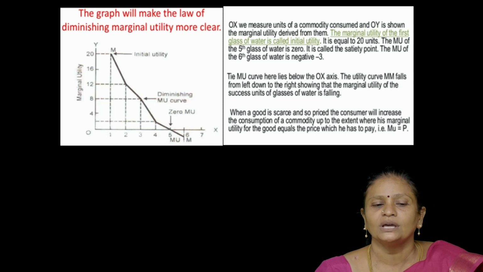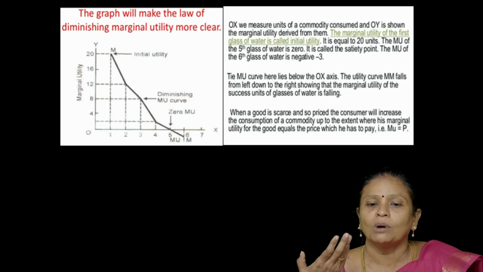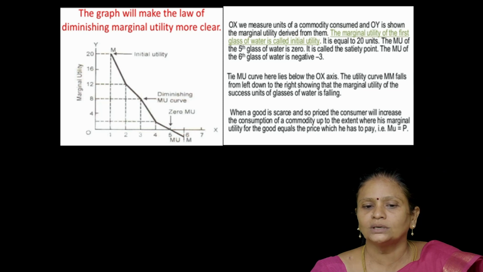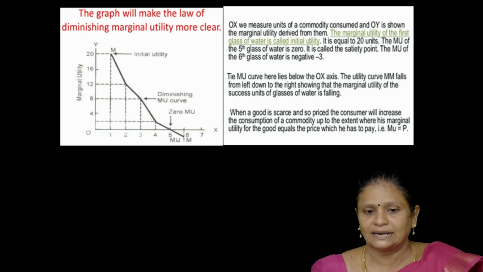This is the graph we can see, and the explanation. On OX, we measure the units of the commodity consumed, and on OY the marginal utility derived from them. The MU curve here lies below the OX axis. The utility curve MM falls from left down to the right, showing that the marginal utility of the successive units of glasses of water is falling, that means declining.